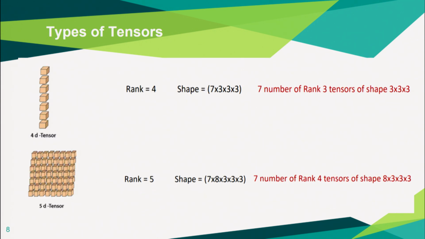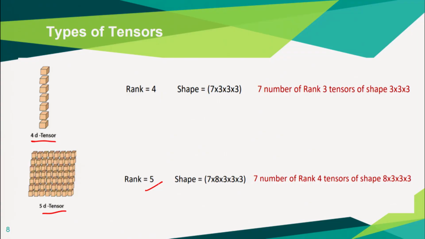Now, moving on to the fourth type, the 4-dimensional tensor, and the 5-dimensional tensor. For the 4-dimensional tensor, the rank is 4 and the shape is 7 by 3 by 3 by 3, and we are going to construct it like this. In the next subsequent slide, I will show you pictorially how this shape is defined, because when we are dealing with deep learning models, we take a layered approach, with many hidden layers in which the neurons have to be represented.